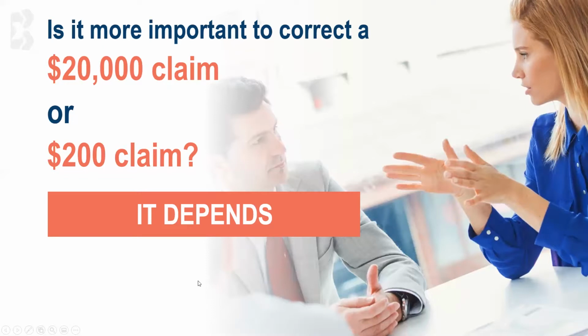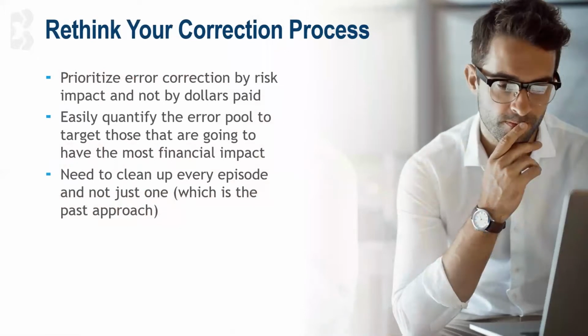It all begins to make much more of an impact to know which of the encounters actually have HCC impacts and get them clean. So we, as a group, have to rethink the way we prioritize.